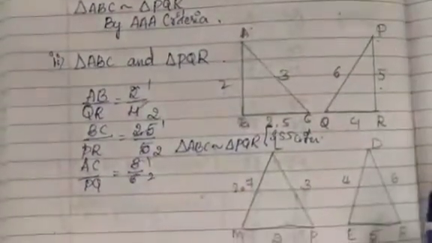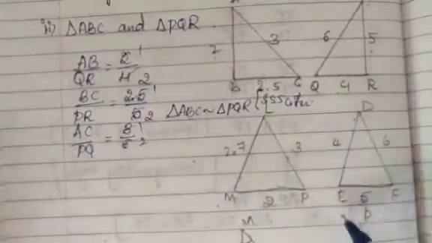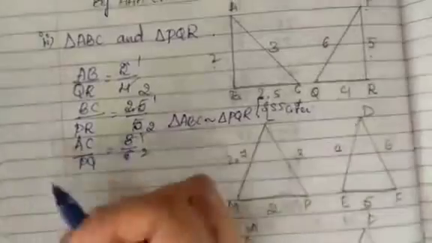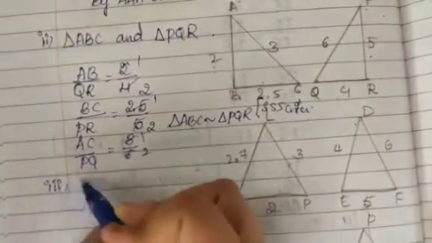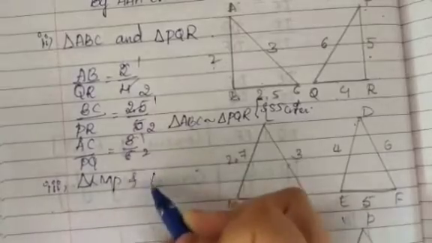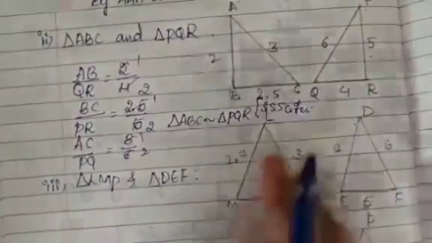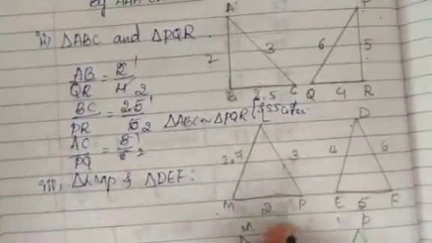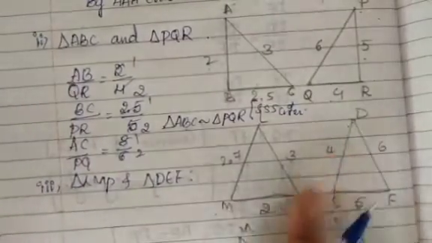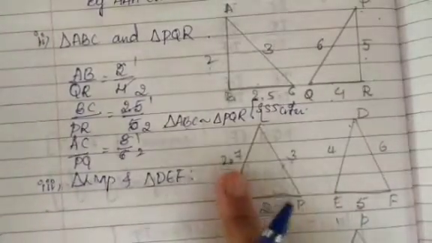Now in a similar manner, let me take the third one which is given. I can consider this triangle as triangle LMP as well as triangle DEF. If I take these two triangles, same thing. In what manner can you consider here? 2 and 4 I can consider, 3 and 6 I can consider, that is the only possibility here. And 2.7 and 5.